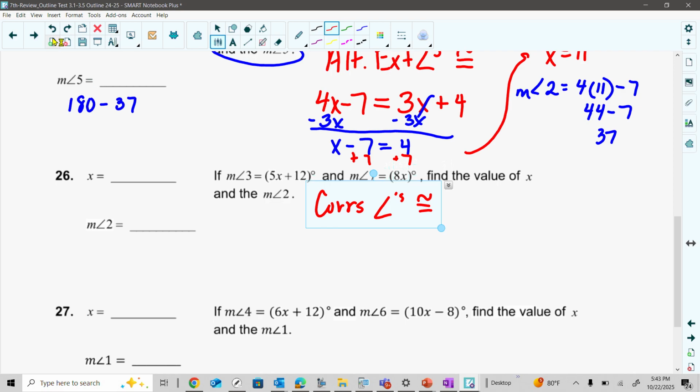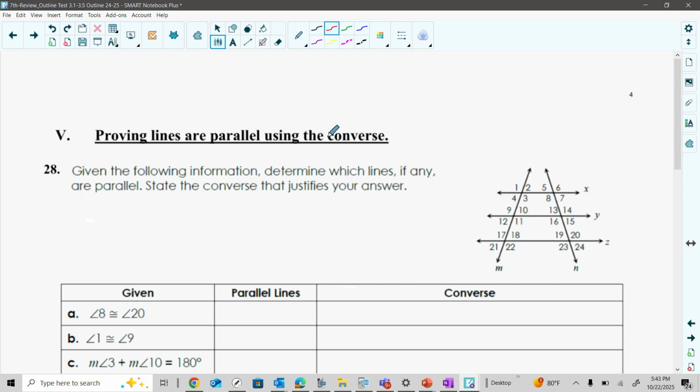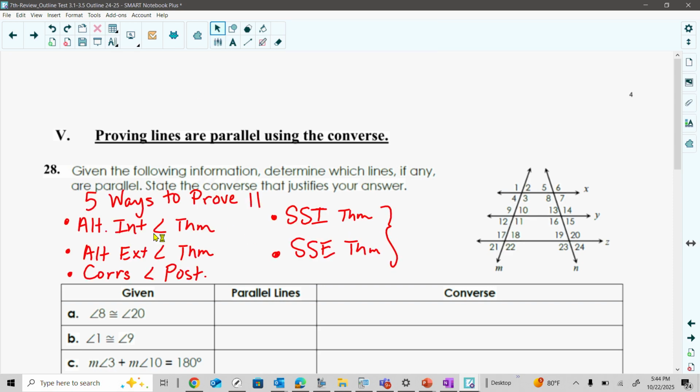And then our last section here, I'm going to go to the last page. Now we're proving. This was our last green foldable we did in class. You are given information, you have to determine which lines are parallel, and state the converse to justify. This is when there were 5 ways to prove: the alternate interior angle theorem, the alternate exterior, the corresponding.